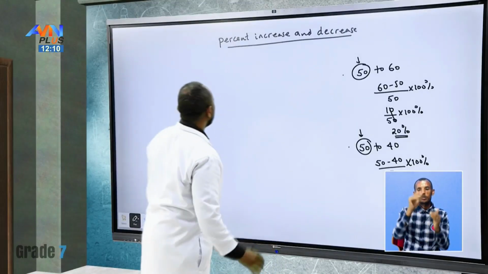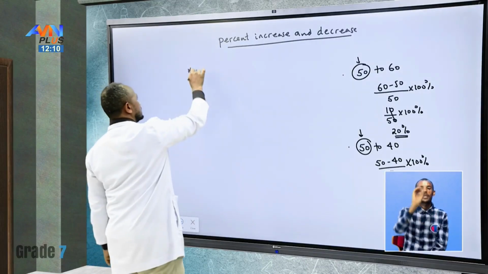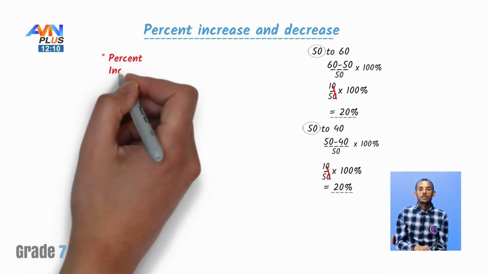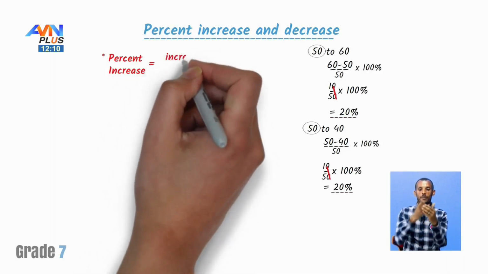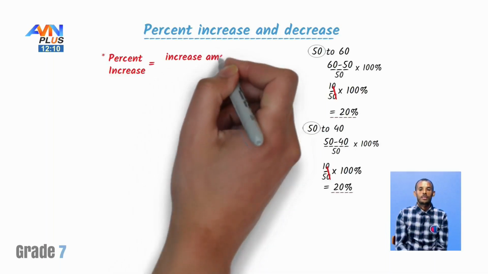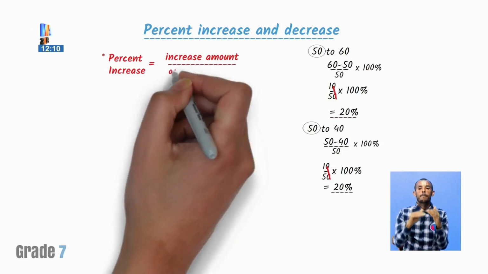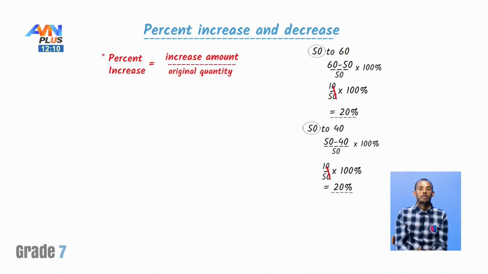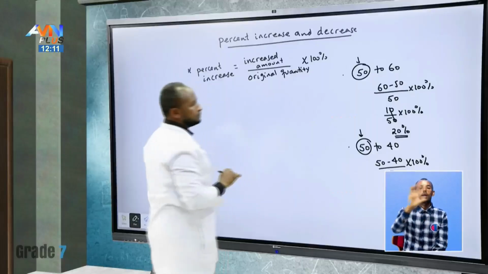Therefore, percent increase is given by the ratio of increased amount divided by original quantity, times 100%.